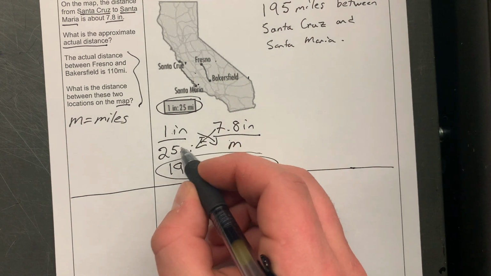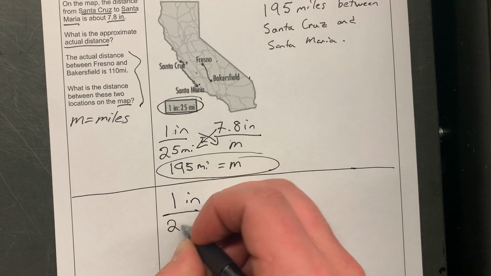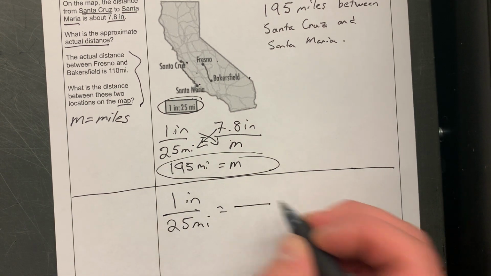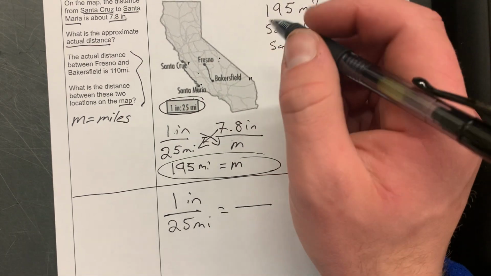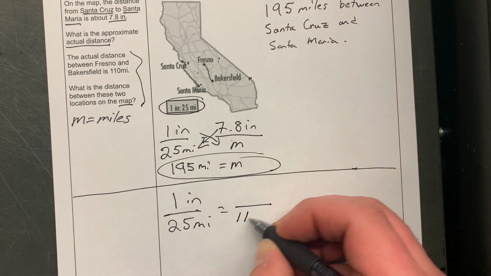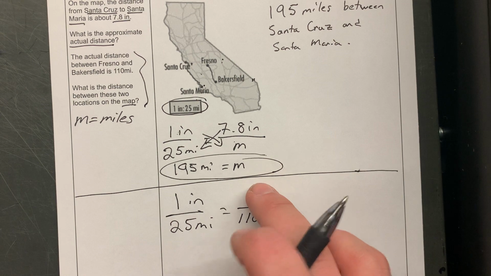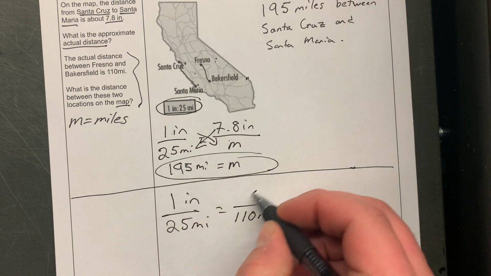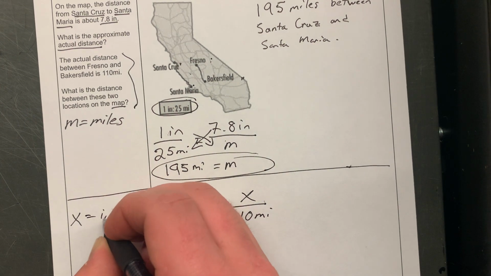So again, I'm going to take my first part right here of just 1 inch equals 25 miles on the map. I'm going to set it equal to what I'm trying to figure out from Fresno to Bakersfield. I know the actual distance, my actual miles, is 110 miles. I don't know how many inches it is between Fresno and Bakersfield. So that is my x of what I'm trying to figure out. So my x equals my inches.